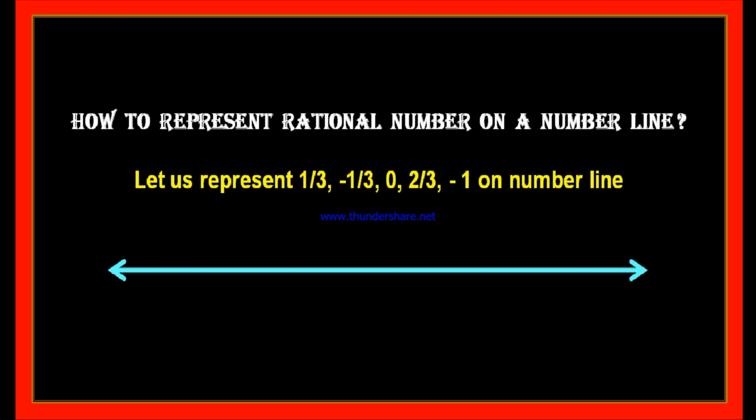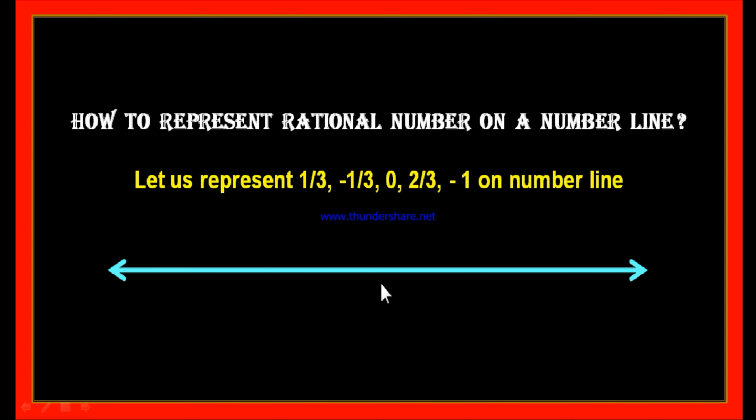Now, in order to represent these numbers, you verify the given fractions. The first fraction is 1 by 3, second fraction is minus 1 by 3, this is 0, and this is 2 by 3, and this is minus 1. Therefore, in the given fractions, the denominator is 3. You observe this first of all.